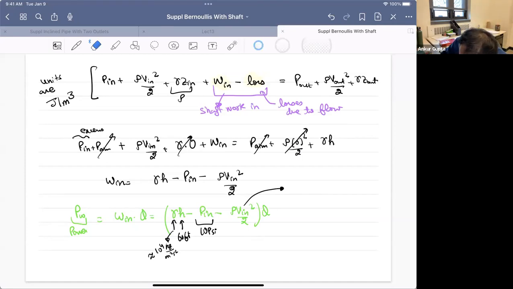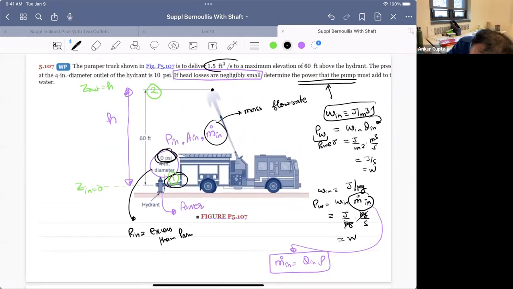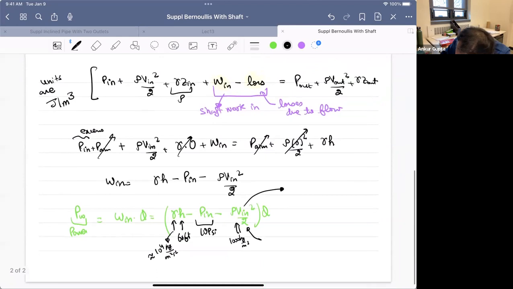And then this one here, rho is again 1000 kg per meter cube. And the velocity is actually not given to us here. It's just given as 1.5 feet cube per second, but I've been given a diameter of the pipe, which is 4 inch. So I can find V in from Q over pi d square by 4.